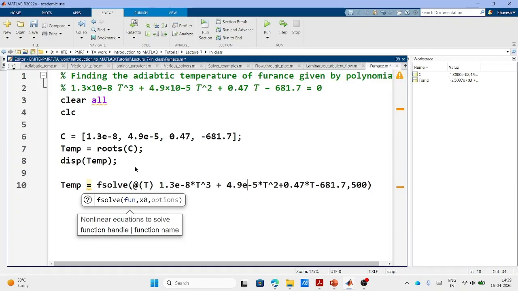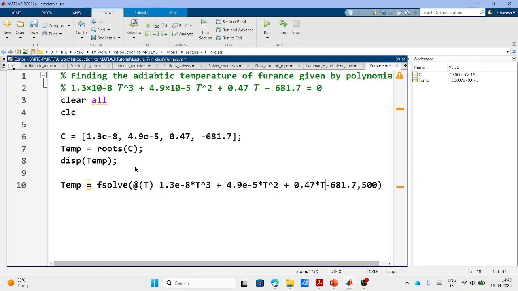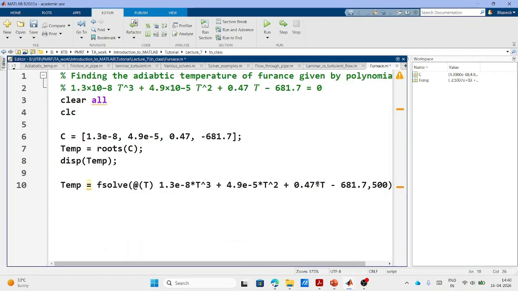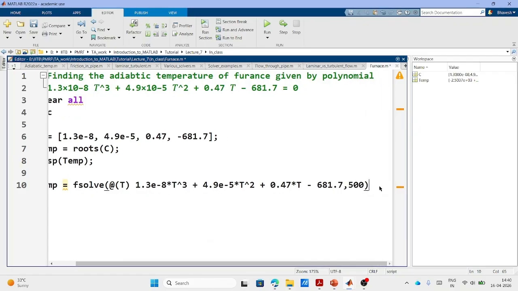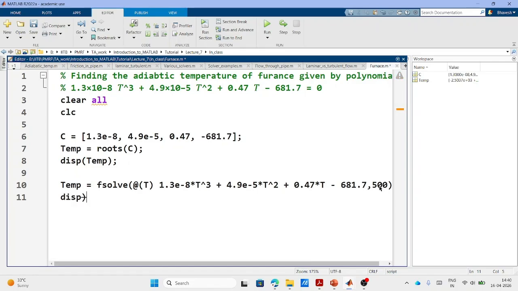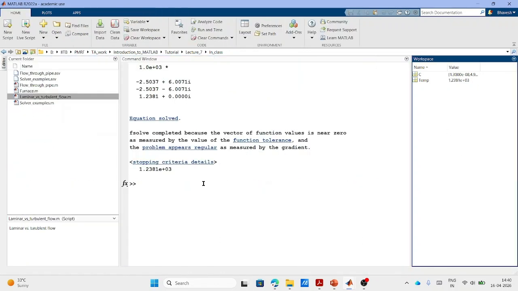So this is how your equation looks like, right? Correct? So t cube, t square, t, and that's one. And then some initial value. And if you do that and you display the answer, so this is your result.